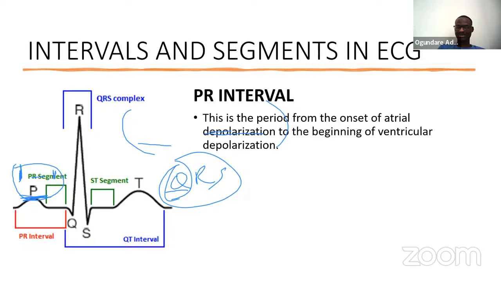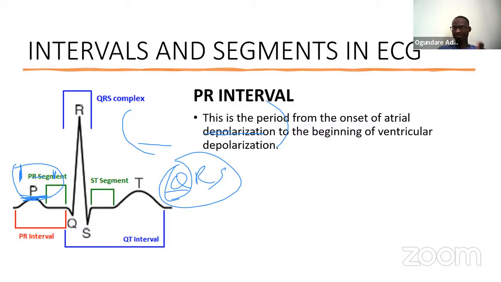When this is significantly shorter, what it tells us is there is a bypass. When we were discussing the conducting system of the heart, I mentioned that from the SA node to the AV node, there is meant to be a period of delay.